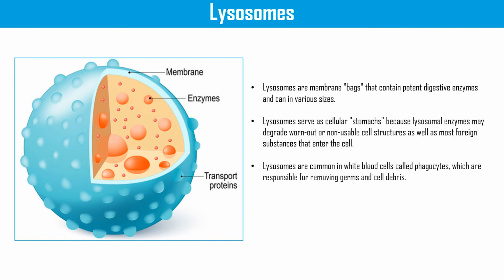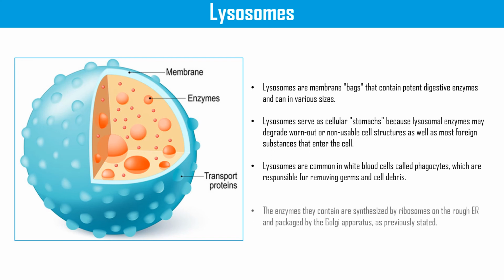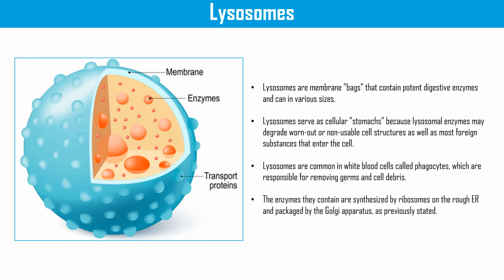Lysosomes are common in white blood cells called phagocytes, which are responsible for removing germs and the cell debris. The enzymes they contain are synthesized by ribosomes on the rough ER and packaged by the Golgi apparatus as previously stated.